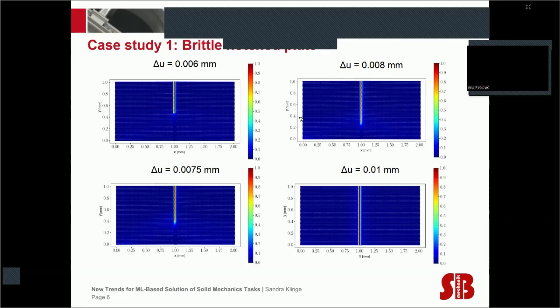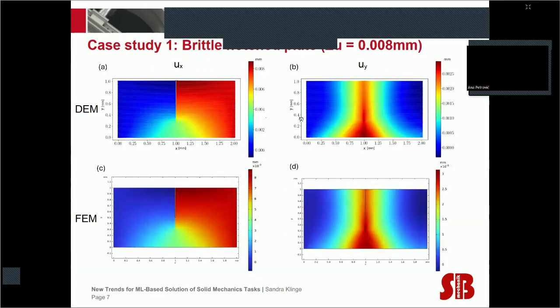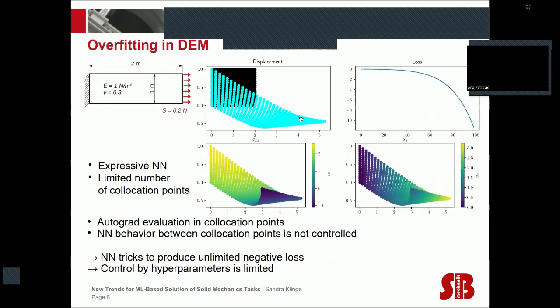Here you can see the crack propagation for the different time steps, for different states of external load. We also checked these results for this benchmark problem by comparing the results for the deep energy method and the finite element method for displacement in both directions, X and Y. And as you can see, the agreement is very good.